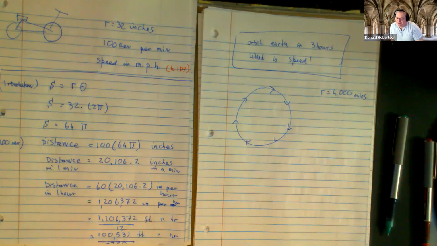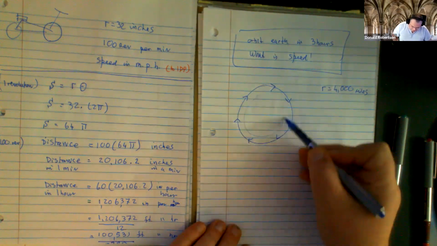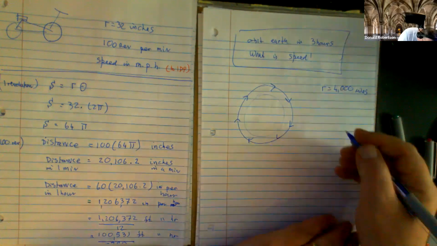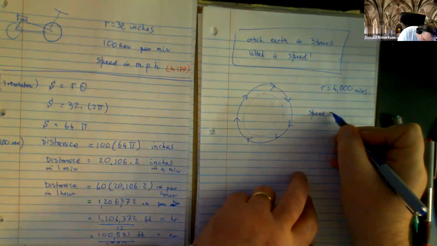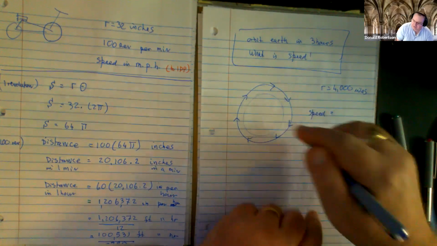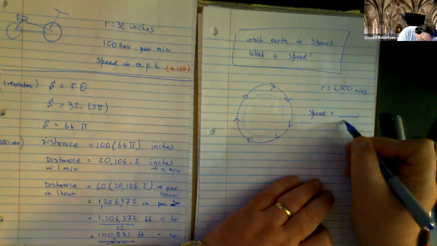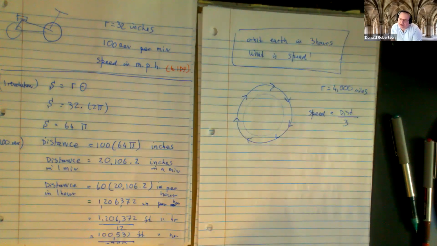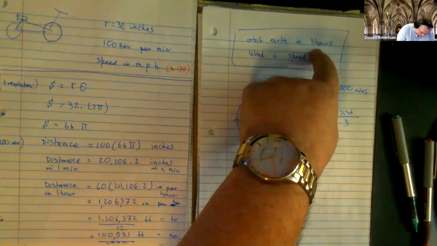I want to be flying above the Earth. So you can imagine the Earth's inside it, and I'm flying a little bit above it. So it's 4,000 miles. Now, I wanted to know what's the speed. Well, don't I just need to find out what the circumference is, and then divide it by 3? So I need to find out the distance I would travel in 3 hours going around the Earth. So that's the radius.